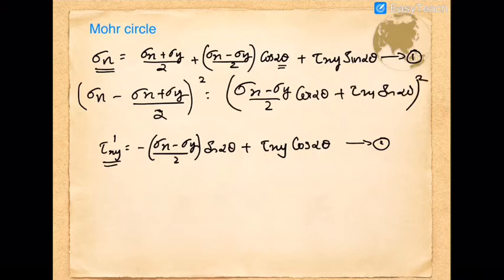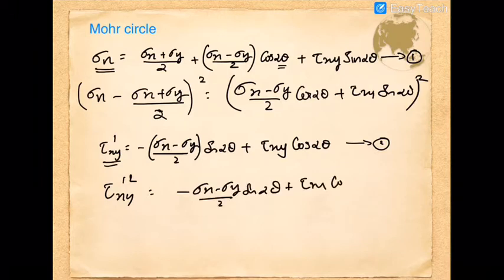Similarly, if we square the shear stress equation, its square will be equal to (minus (sigma x minus sigma y) by 2 sin 2 theta plus tau xy cos 2 theta), the whole squared.